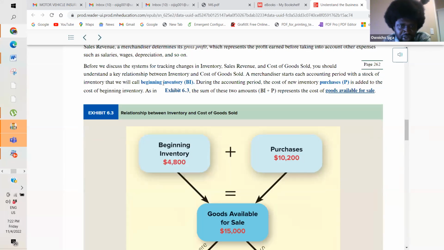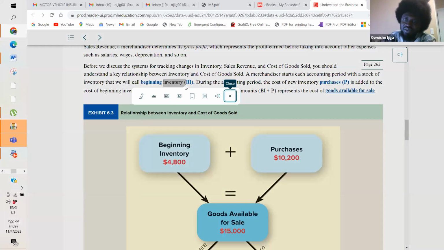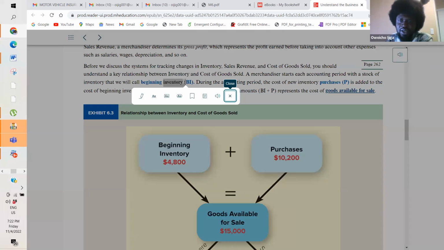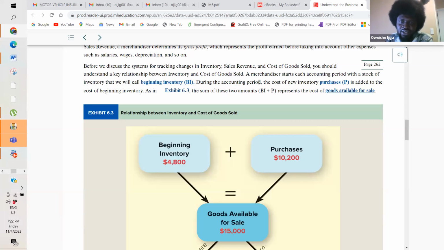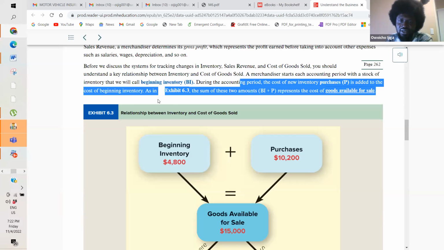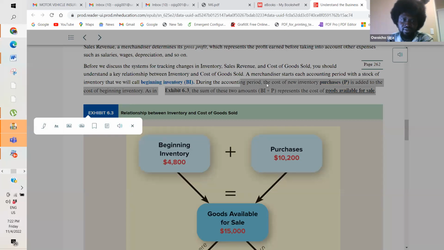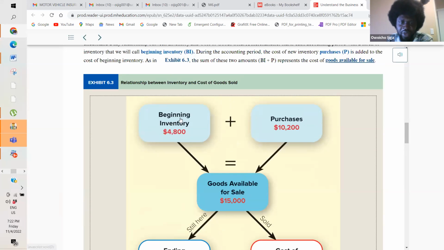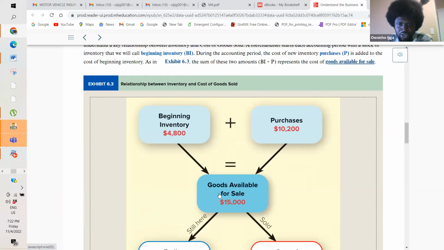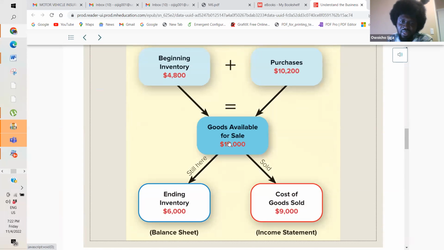That is the beginning inventory that I explained to you: the goods that are available at the start of the accounting period. During the accounting period, the cost of new inventory is called the purchases. And we can see that the beginning inventory plus the purchases gives you the goods available for sale, like I mentioned.